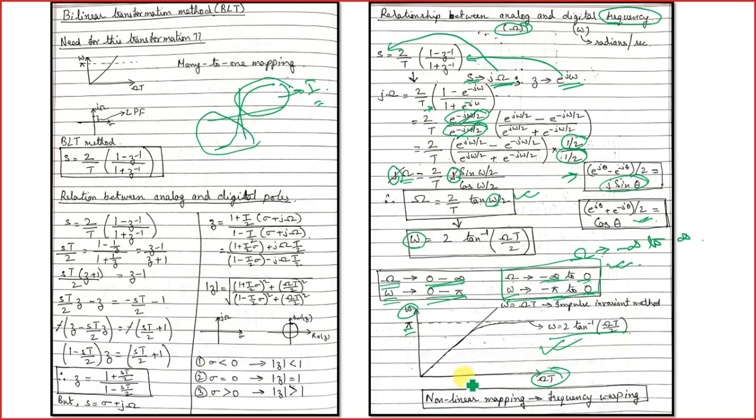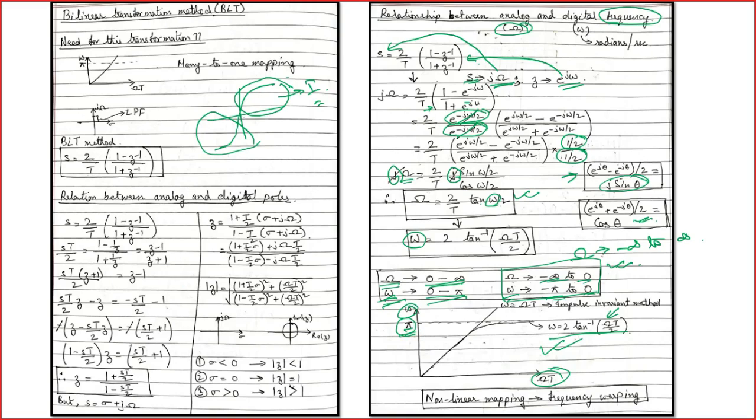So when we are varying it from 0 to infinity, the digital frequency omega is varying from 0 to pi. So if you see the relationship tan inverse of omega T by 2, whatever analog frequency you put in over here, you will be restricted within the pi region.